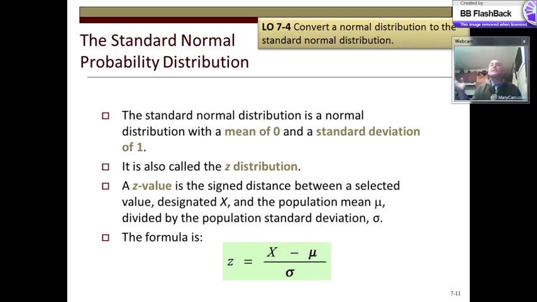Therefore, a big difference divided by a small standard deviation gives me a large z-score, indicating that it is far away from the mean. It is a distance. Or if everything is, let's say, very spread out, our standard deviation is very large. It is typical for things to be far away from the mean, so it's a large denominator, a large standard deviation.